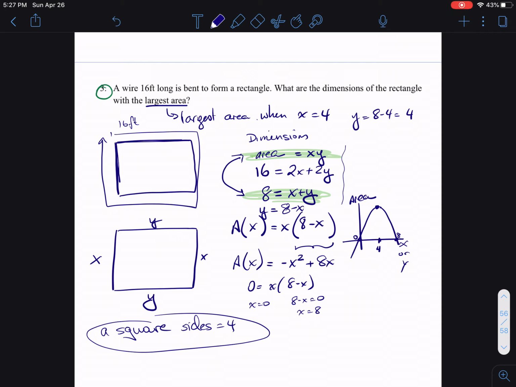What in the problem made us think that, hey, expressing the area just in terms of x is actually something that we can do, or we should be doing? Or let's set the area equal to 0. Why are we doing that? Why are we interested in those points? Because the problem doesn't ask for them. But what information does that give us? Right? And how does that help us solve the problem?